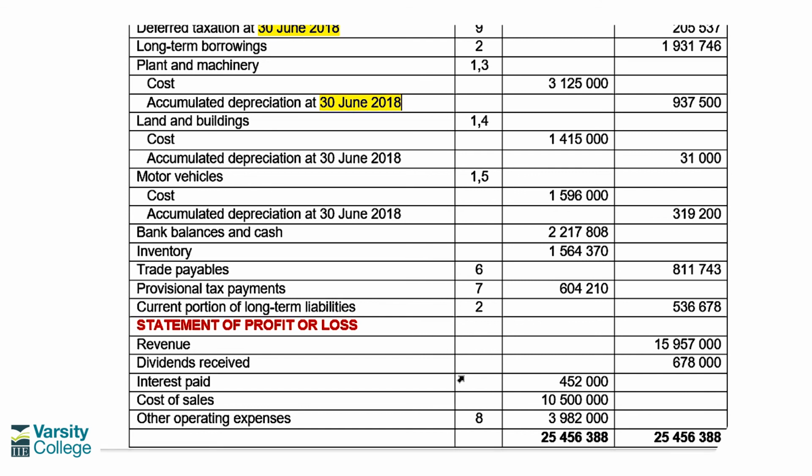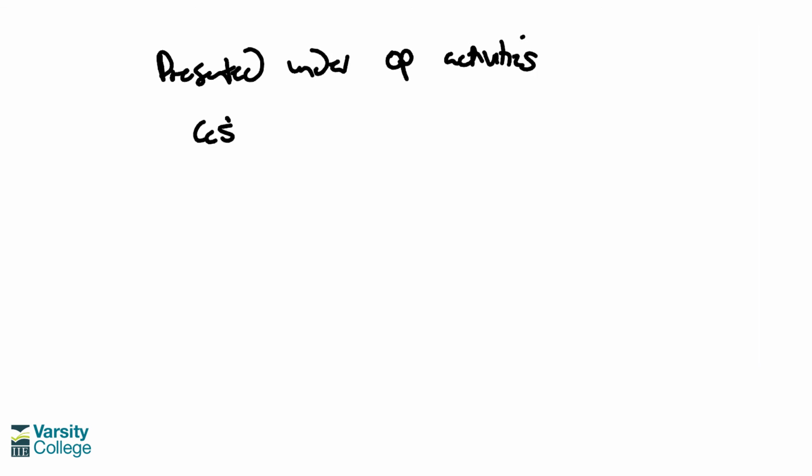So what does this part of the note look like? Well, you have to say where we presented it. So presented under operating activities, and that is cash payment for interest on lease.